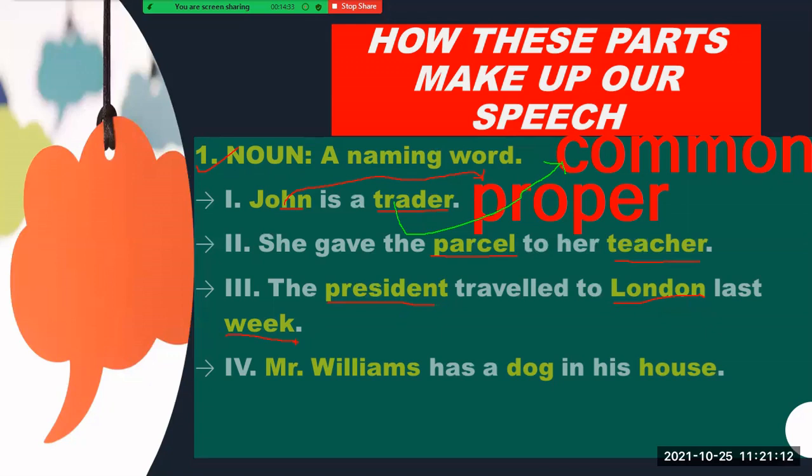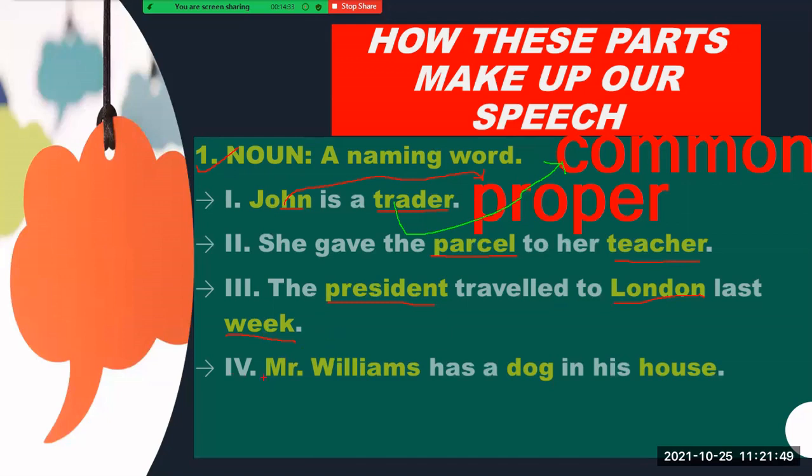And this is a common noun because it is a word common to various periods. The word day is a common noun, but when we talk about Monday, that is the name of a particular day. So we have proper nouns and we have common nouns.